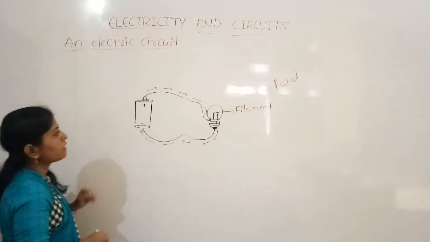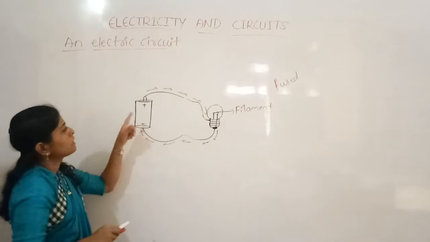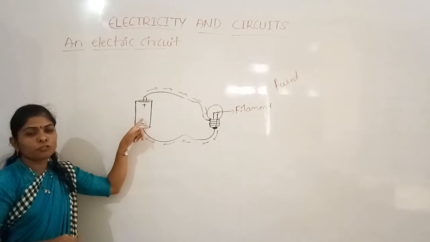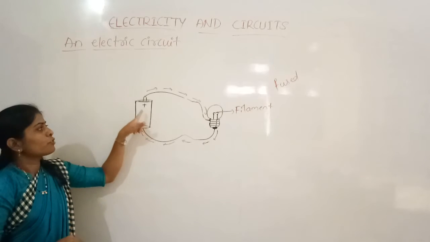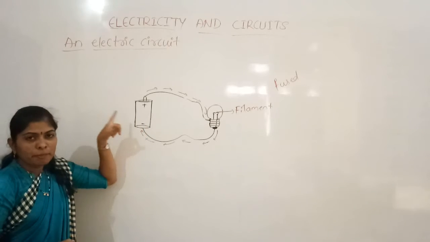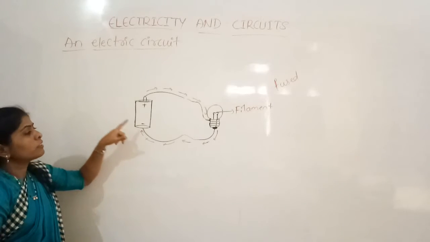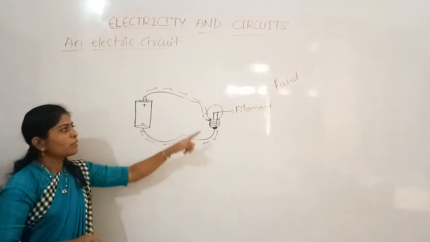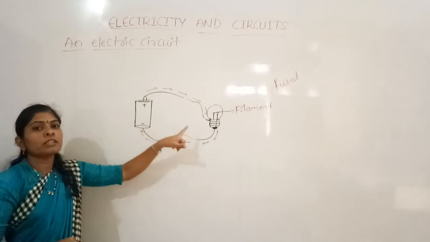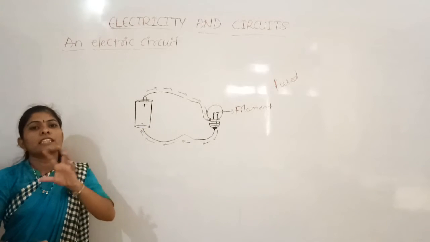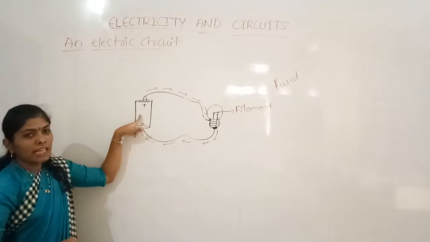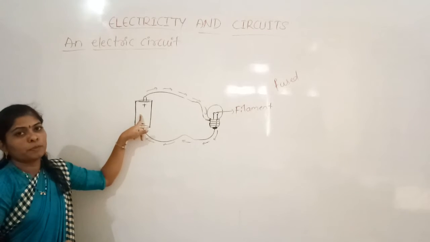This is one reason. One more reason is that the electric cell may be used up. It has some chemicals in it that transfer the electricity. So sometimes, even if everything is properly connected, the bulb will not glow because the electric cell may be used up.